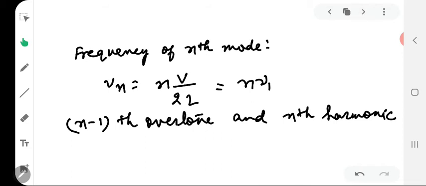Now, generalizing, we can get an expression for the frequency of the nth mode. νn is equal to nv/2L, that is n times ν1, which is the (n−1)th overtone and the nth harmonic. So we can conclude that in a pipe open at both the ends, the frequency of the fundamental note produced is twice that produced by a closed pipe of the same length.